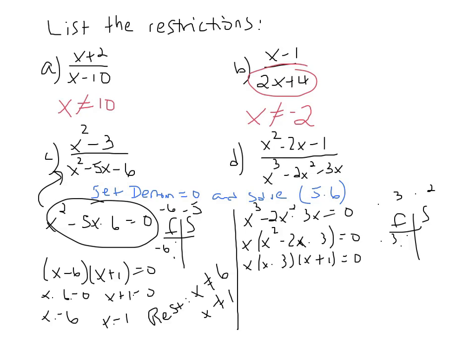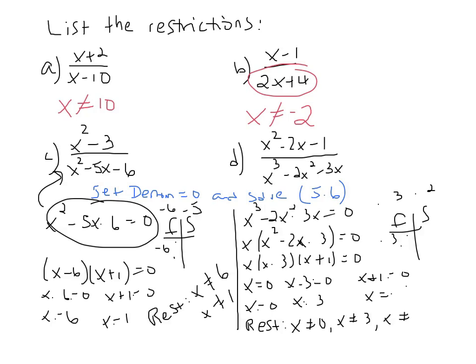And then here we'll say x equals 0, x minus 3 equals 0, x plus 1 equals 0. So our solutions are 0, 3, and -1, and those solutions are also our restrictions. So x cannot equal 0, x cannot equal 3, and x cannot equal -1.